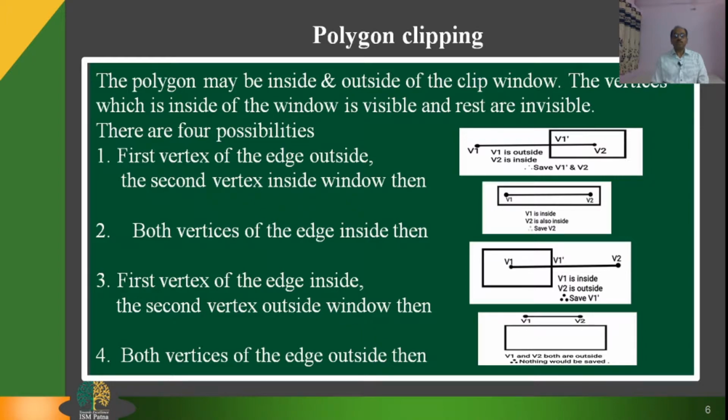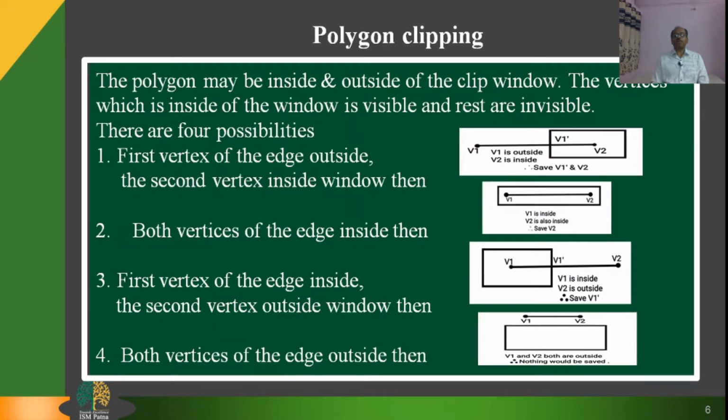Now, we do the polygon clipping. The polygon may be inside or outside of the clip window, as it was in the case of lines. The vertices which are inside the window are visible and the rest are invisible. There may be any of the following possibilities, and among these four, the first one is the first vertex of the edge outside and the second vertex inside the window.